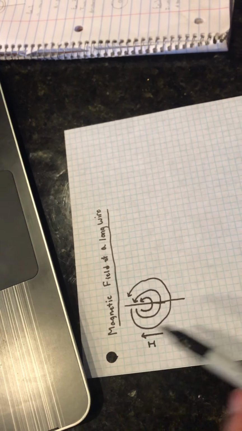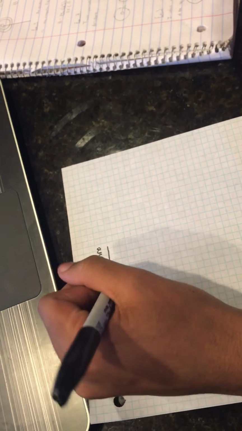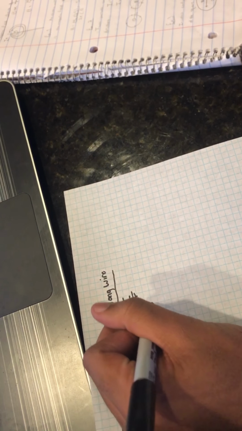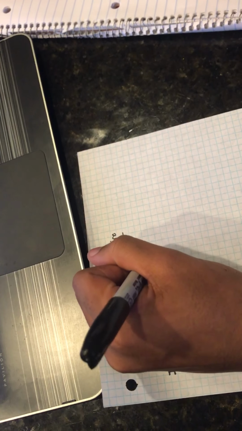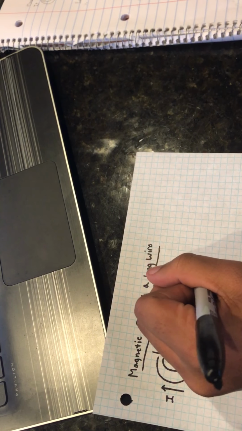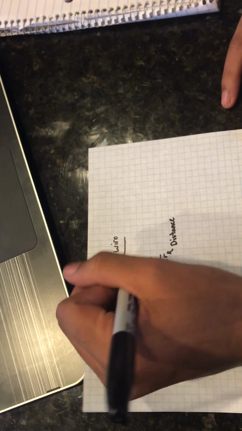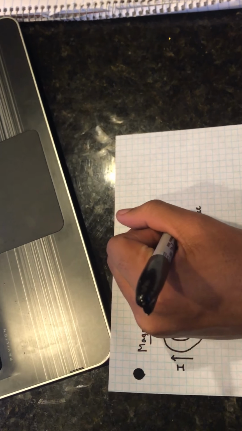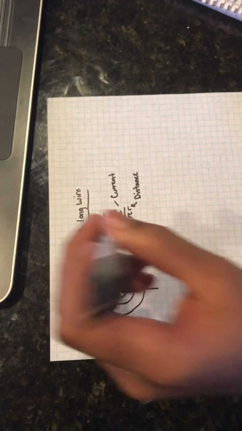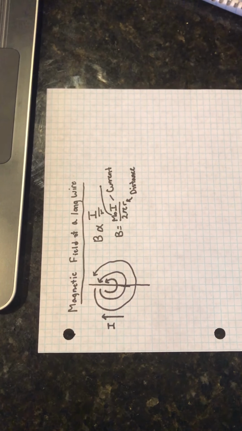So, the magnetic field follows the equation B is proportional to I over R, which translates to B equals mu naught I divided by 2 pi R, where R is the distance, I is the current, and mu naught is the permeability of free space.